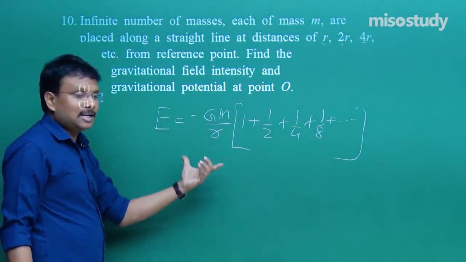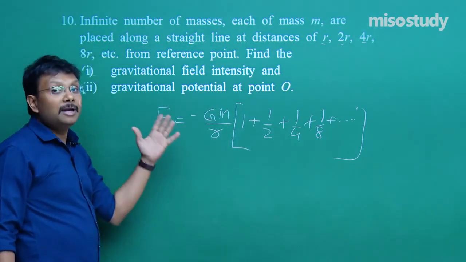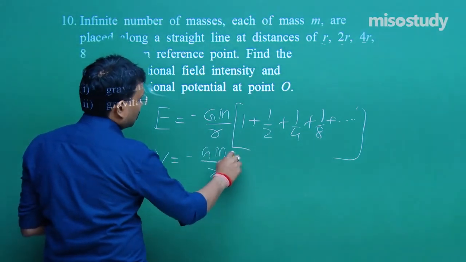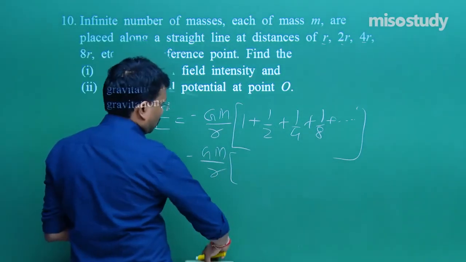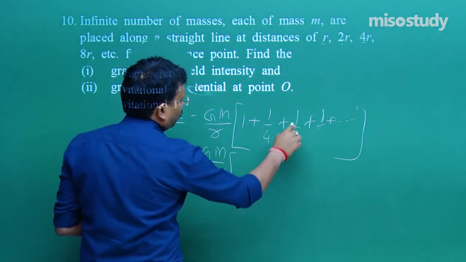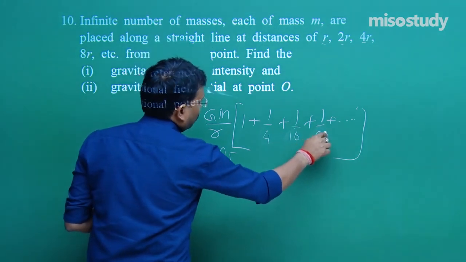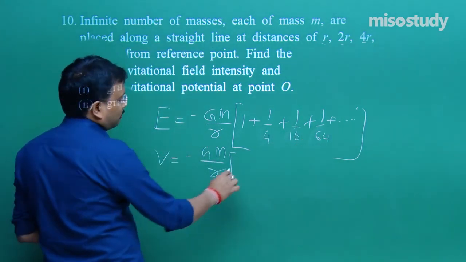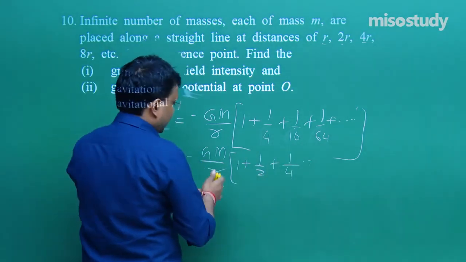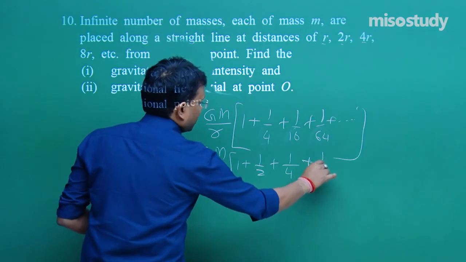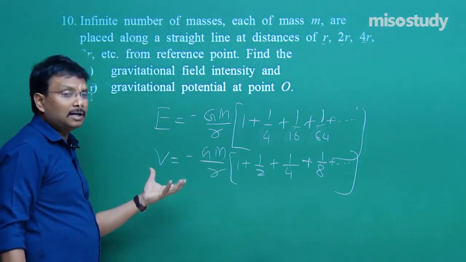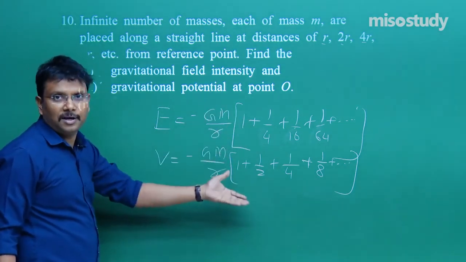Form the series, write the general term, get the value of E. Similarly, for V also: for this potential it is 1/r plus 1/2r plus 1/4r plus 1/8r and so on. Again a series; pick it out, solve it, get the general result of the series.